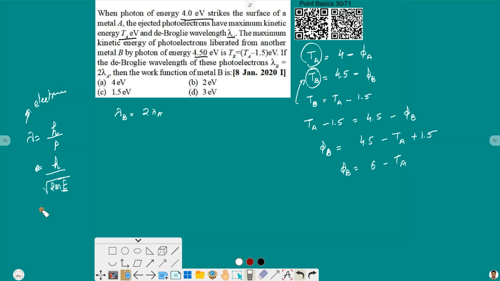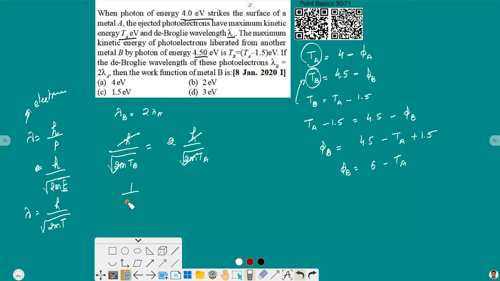So we can write that lambda is equal to h by under root 2m into T. Now lambda b will be h by under root 2mTb, and lambda a will be h by under root 2mTa. h gets cancelled, and as the electrons are the same, 2m will also get cancelled, and from this we have a relation between Ta and Tb.